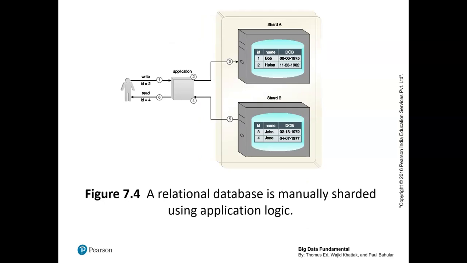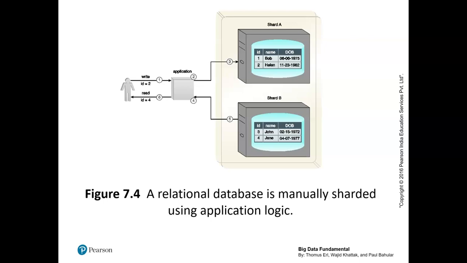Now here you can see a relational database that is manually sharded. Sharded means it is divided using application logic. Application logic is a program that has the capability to split data which is already in the form of tables. You can see we have four rows, row 1, 2, 3, 4, and this has been sharded, or divided, into two parts.